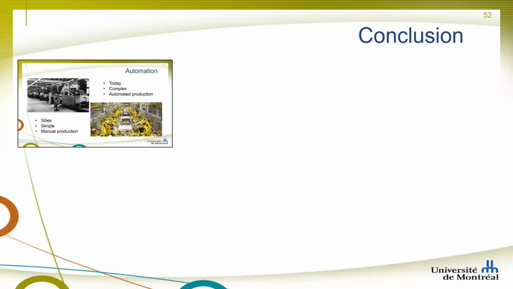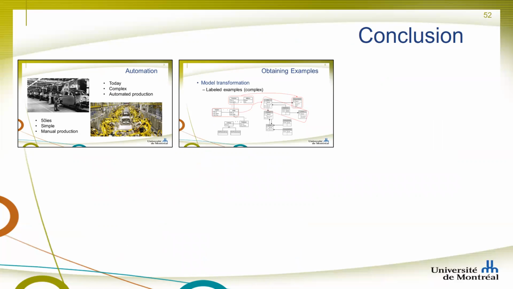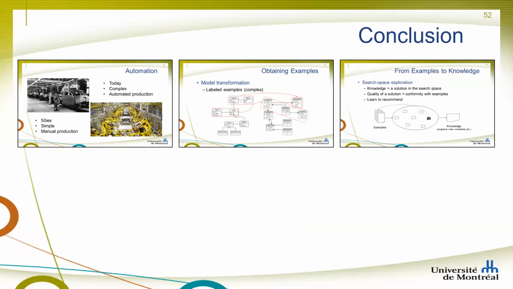So just to summarize, I talked about automation, how automation is important, and how this automation is difficult for domain-specific artifacts. I showed that we could have a 2-step process where first we obtain examples, then we derive knowledge from these examples.